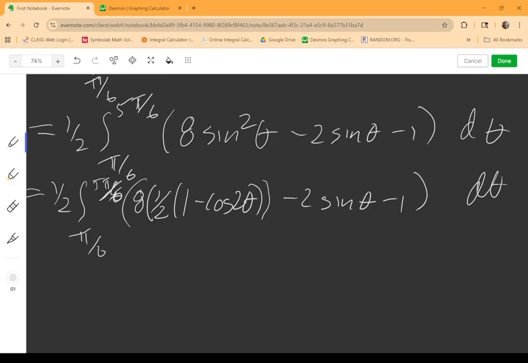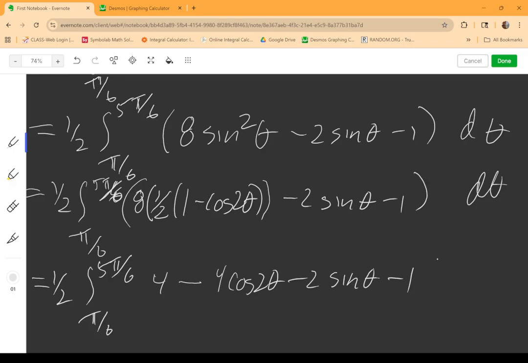So here we'll get 1/2 integral from pi over 6 to 5 pi over 6 of 4 minus 4 cosine 2 theta minus 2 sine theta minus 1.